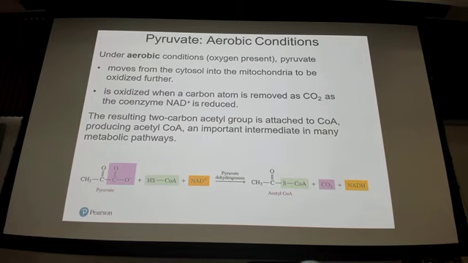Remember that HS thiol group is very reactive, shown here in green. And that pyruvate dehydrogenase enzyme transfers its electrons and hydrogens to the NAD to give us the reduced NADH, which also will travel to the electron transport chain to produce ATP.